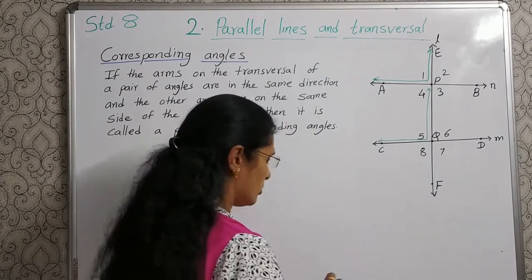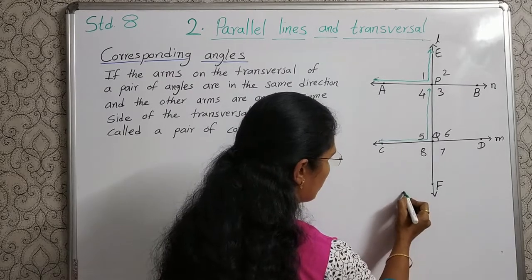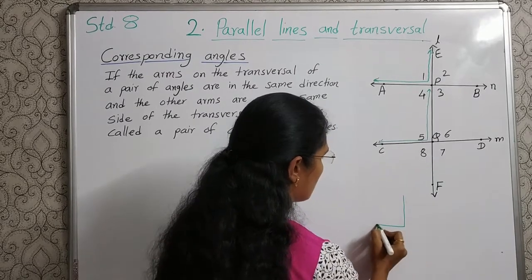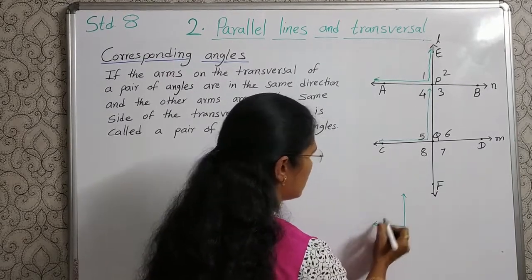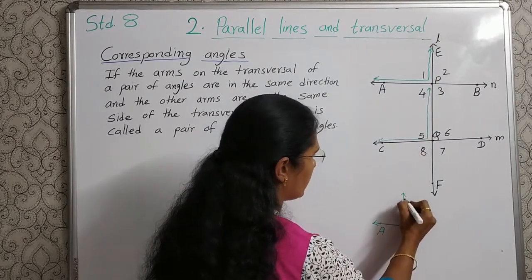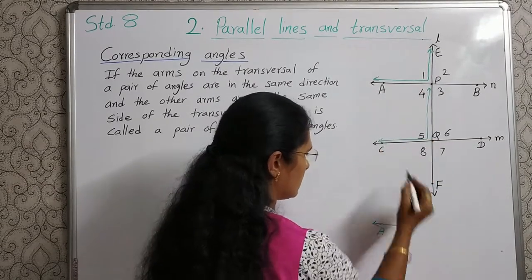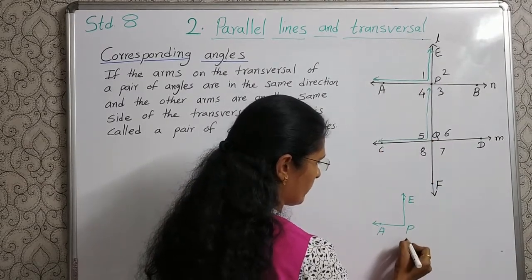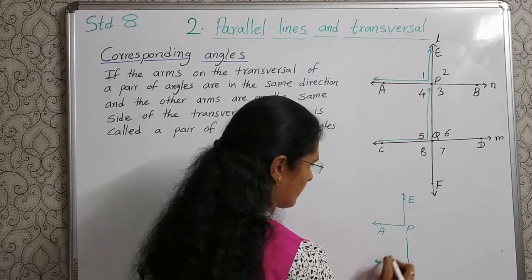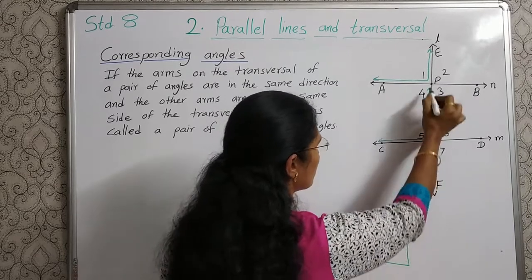So here these two arms are on the left side of the transversal. If I draw these two angles separately here down, so this is angle 1 which is angle APE and the other angle is angle CQP.